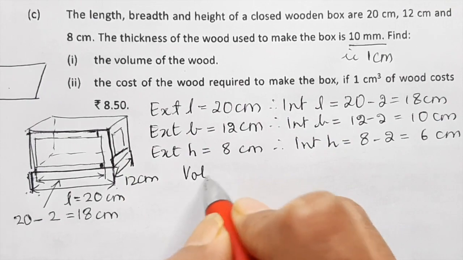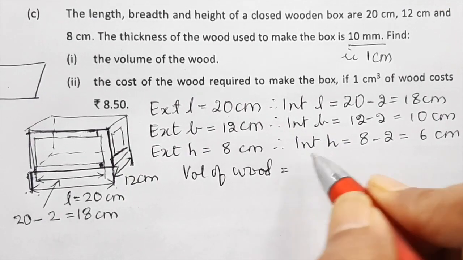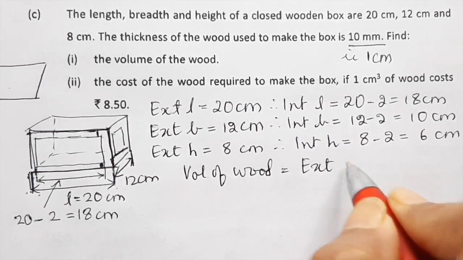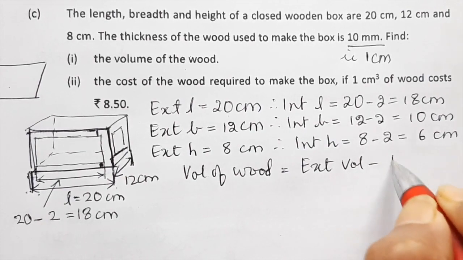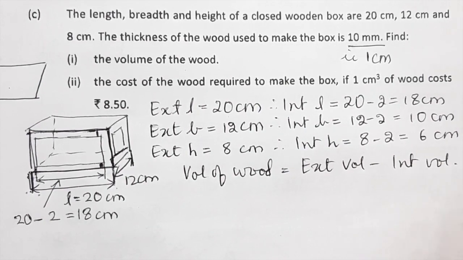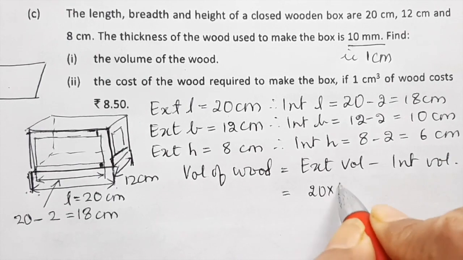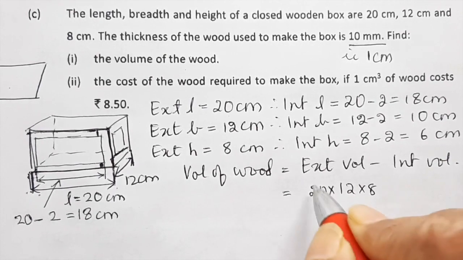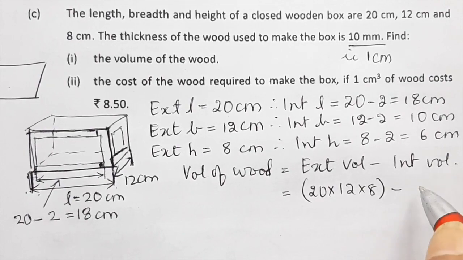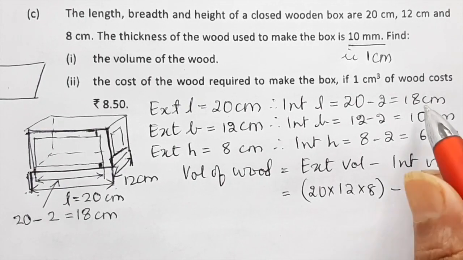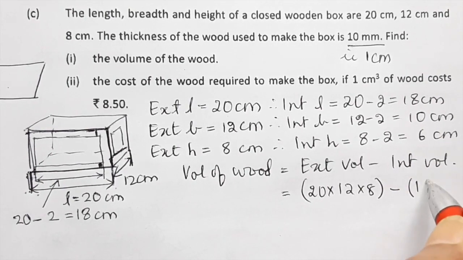Now the volume of wood is going to be external volume minus the internal volume. So that will be here 20 into 12 into 8 minus the internal volume, which will be 18 into 10 into 6.